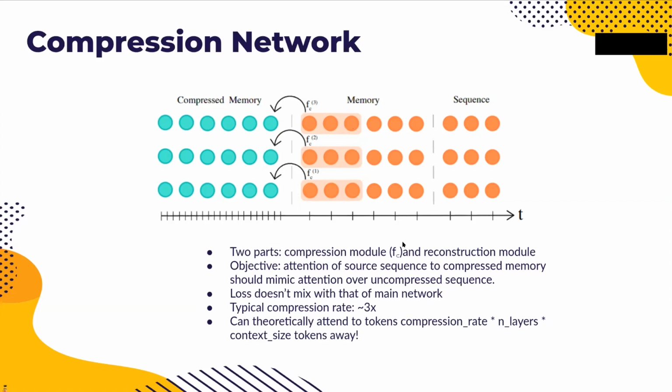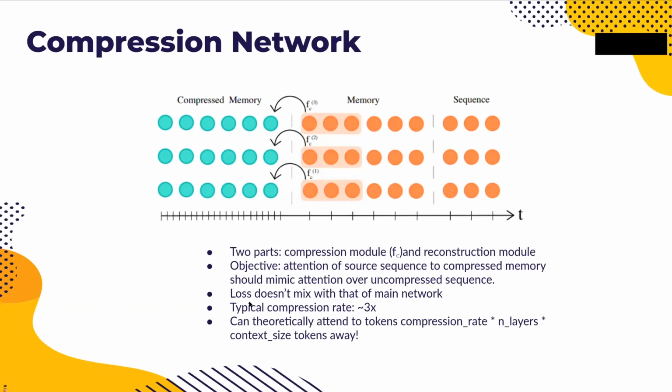But they found that the best objective was actually to have pretty much a secondary model that tries to reconstruct the attention matrix over these memory states from the single compressed memory state. So the objective here is we want to mimic the attention over what we've compressed.